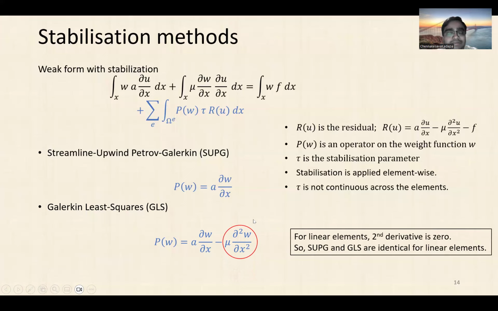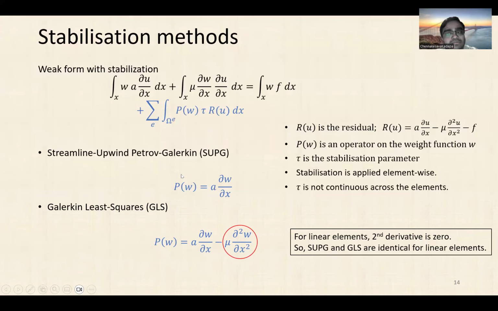If we use a two-noded element which has linear basis functions, when we discretize, this is zero, because for linear elements the second derivative is zero. So in this particular case of linear elements where the second derivative is zero, both SUPG and GLS methods become identical.